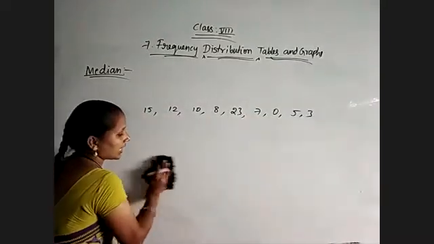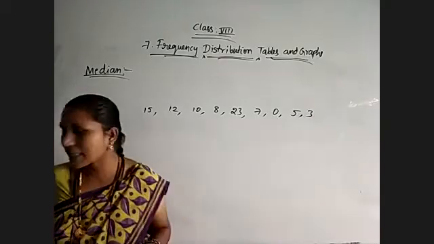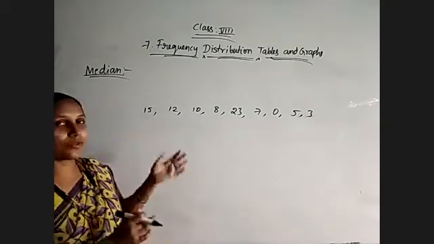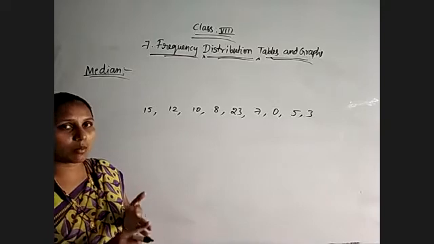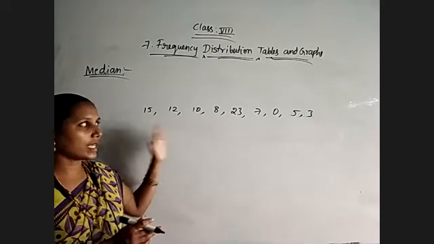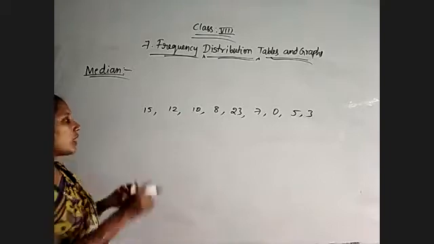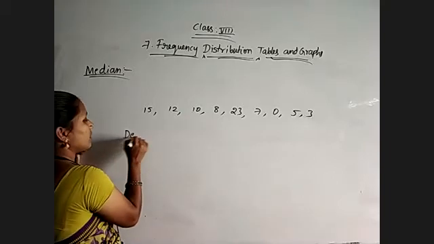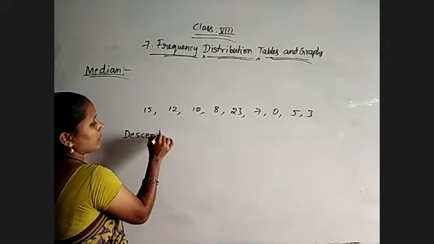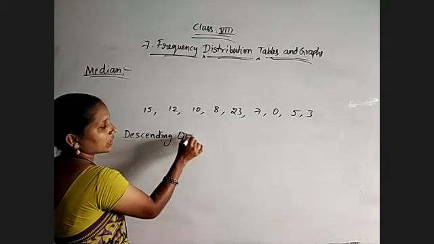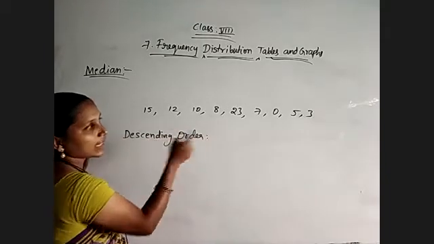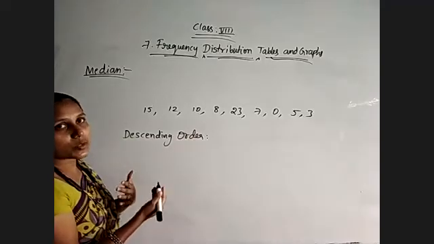If you first write the given data in ascending or descending order to find mean or median or mode, no problem. So write the given data in ascending order, otherwise descending order. I am using descending order. Descending order is nothing but writing the numbers from bigger to smaller.